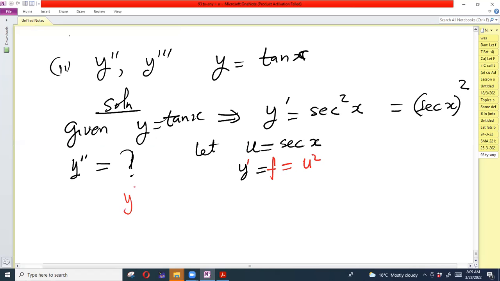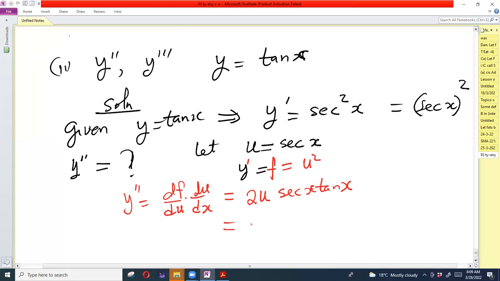So the second derivative will be the same as df du times du dx. So it will be 2 times u, and the derivative of u when u is sec x is sec of x times tan of x.